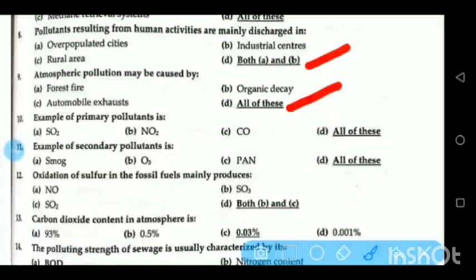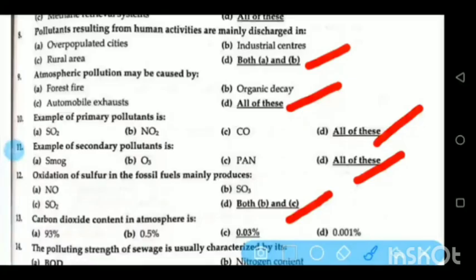Examples of primary pollutants are all of these: SO2, NO2, CO. Examples of secondary pollutants are all of these: smog, O3, and PAN. Oxidation of sulfur in the fossil fuels mainly produces both B and C, SO3 and SO2.